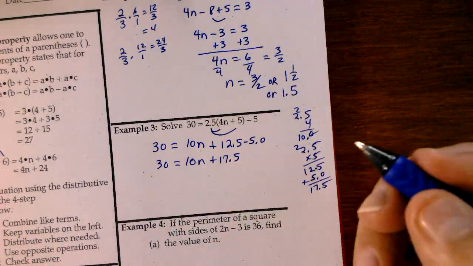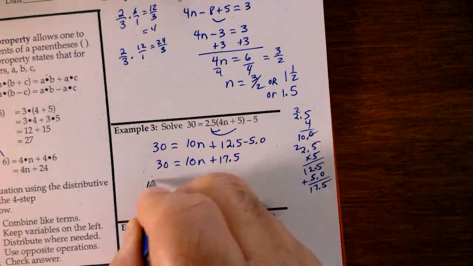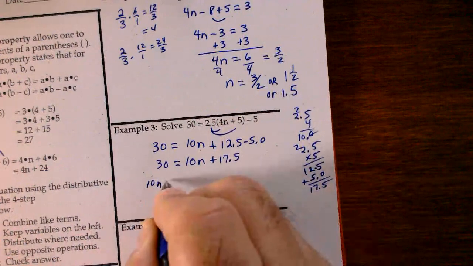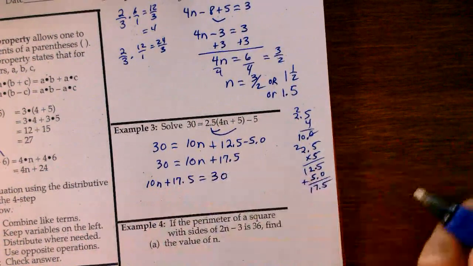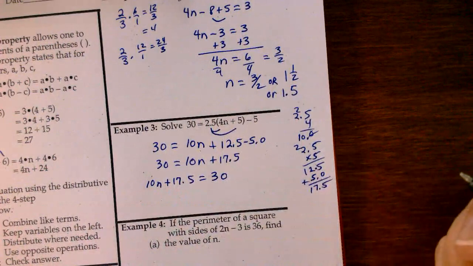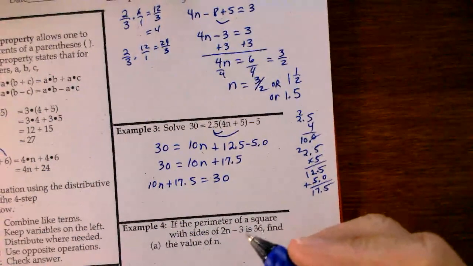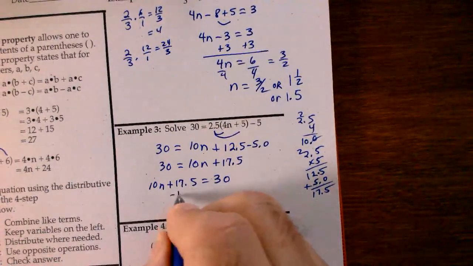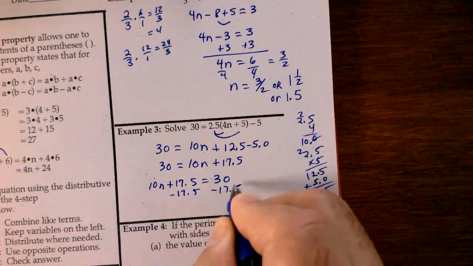Now, I'm going to turn this around to keep my letter on the left. I'm going to write the right-hand part over here like this. And again, I'd say to you, you want to keep your n on the left, so that when we get to inequalities, the difficulty is not going to be there. Subtract 17.5, like so.